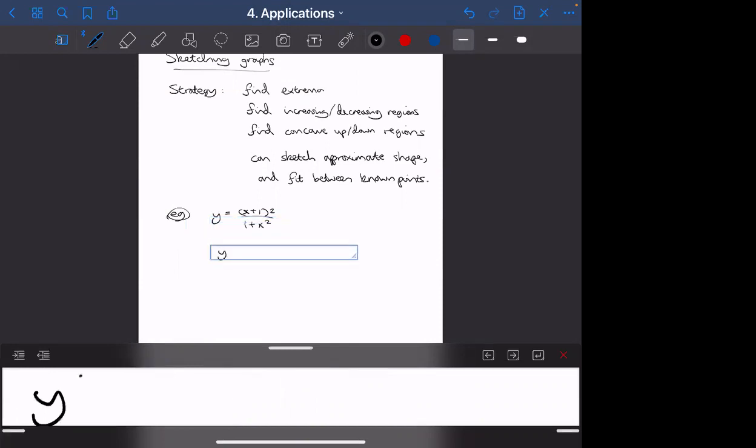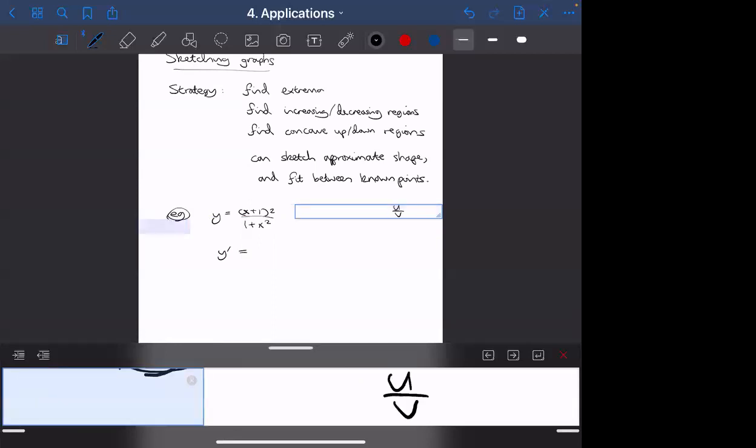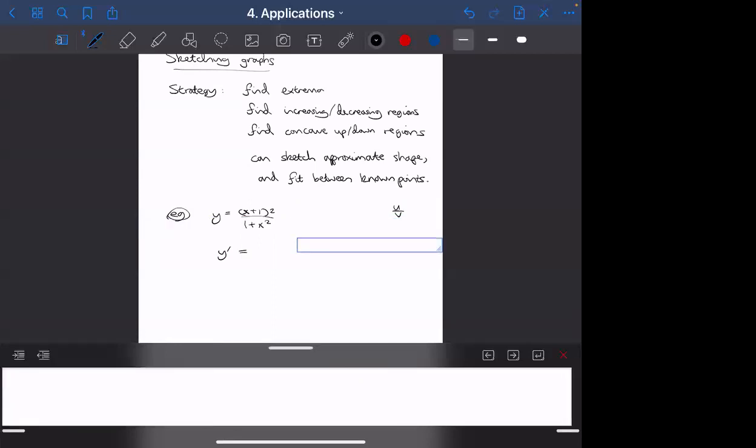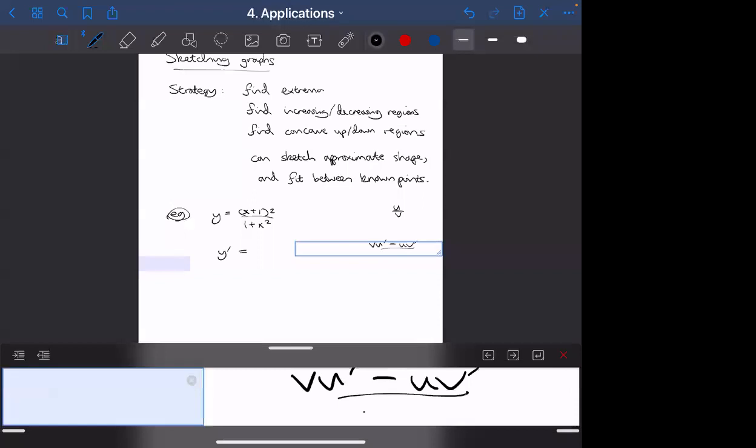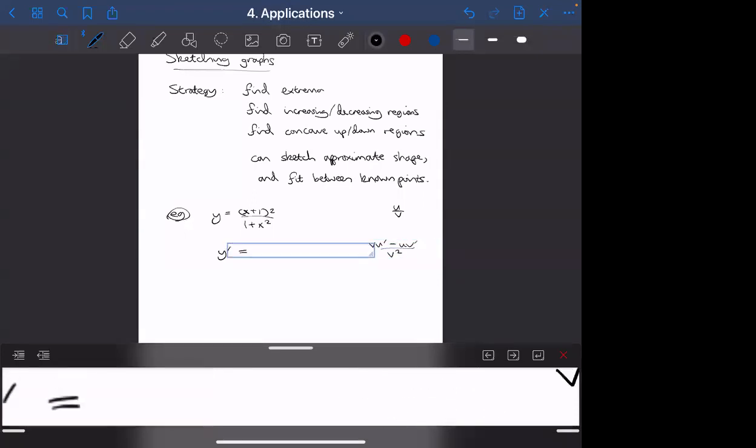So I take the derivative. This is a good example of the quotient rule. Remember, with u over v, the derivative is (v u prime minus u v prime) over v squared.